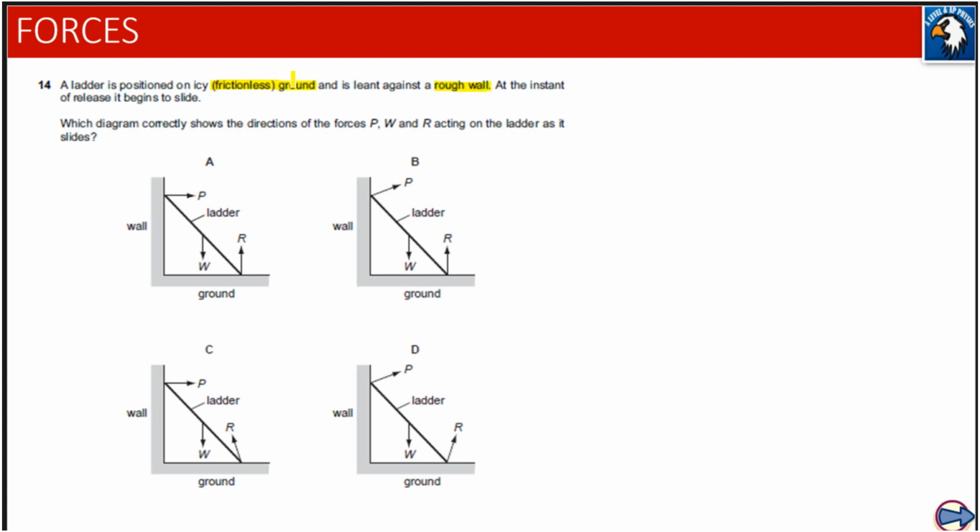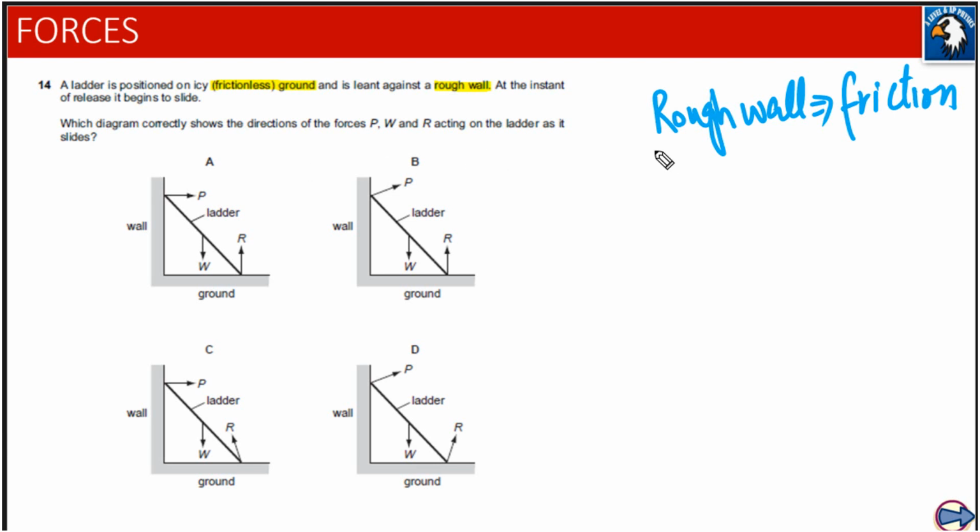Frictionless ground simply means that there is no friction, and a rough wall simply means that there is friction. These two things we have to be very clear about.